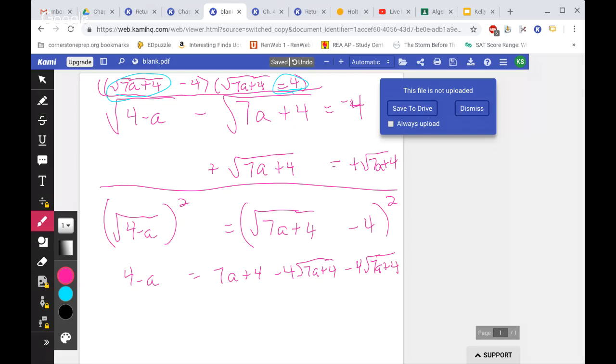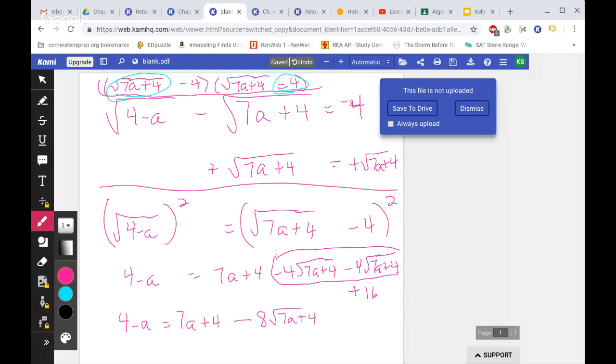And then -4 times -4 is plus 16. So now I can combine like terms, which are these two right here. So now I have this line: 4 minus a equals 7a plus 4 minus 8 root 7a plus 4 plus 16, because -4 plus -4 is -8.